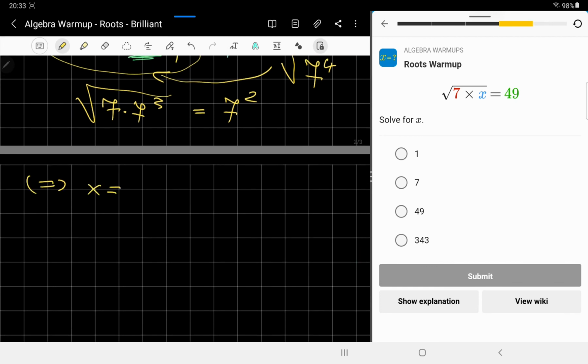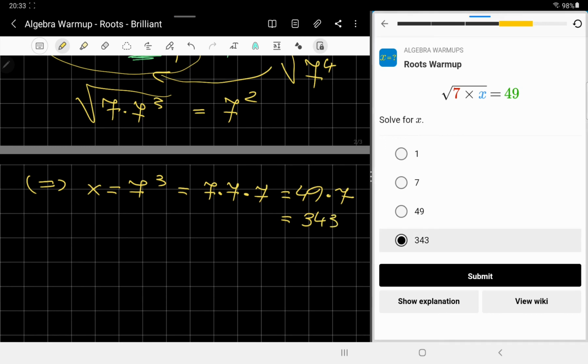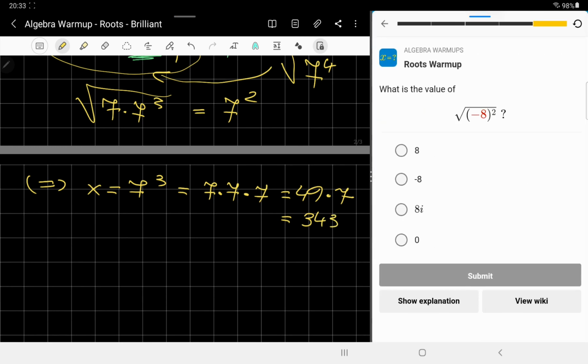Therefore, x equals 7 to the power of 3, which is 7 times 7 times 7, which is 49 times 7, which is 343.